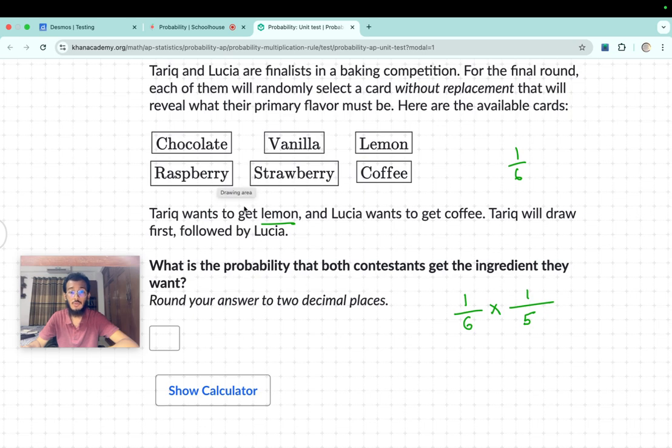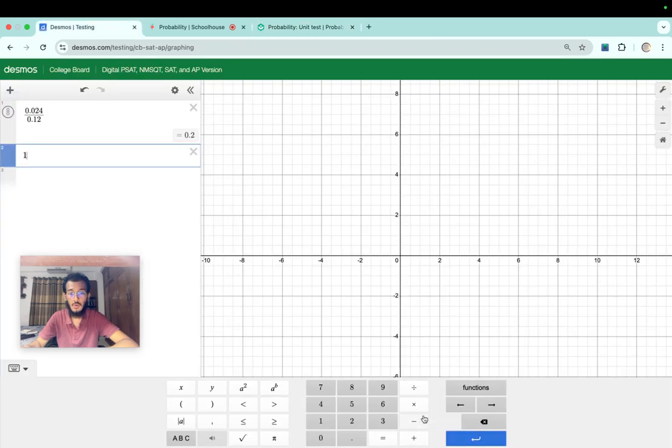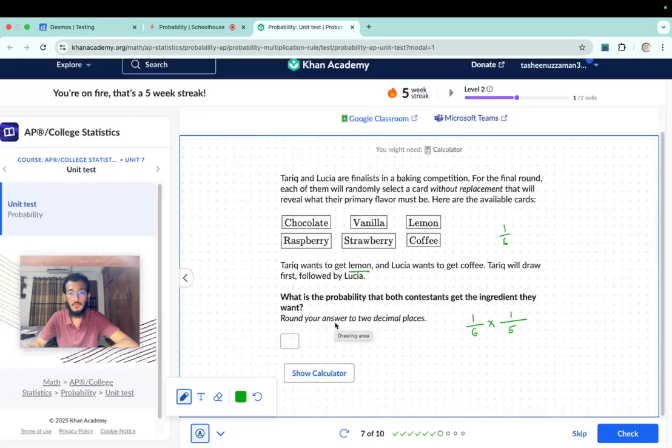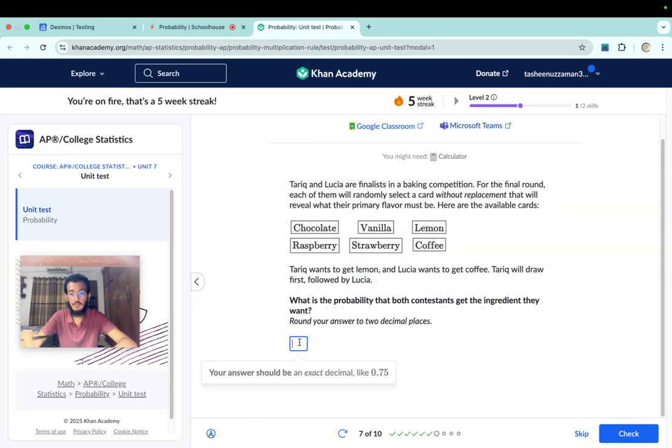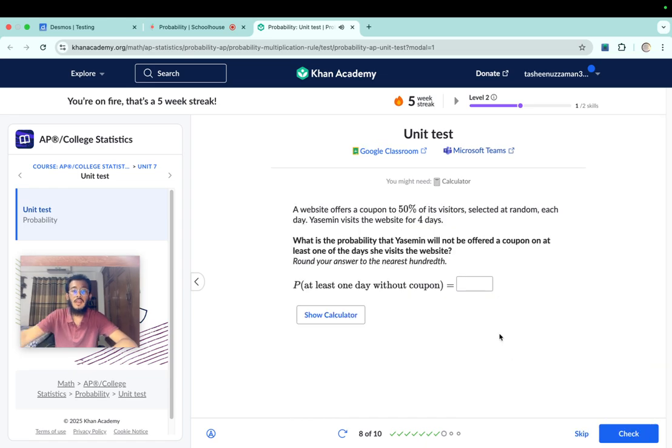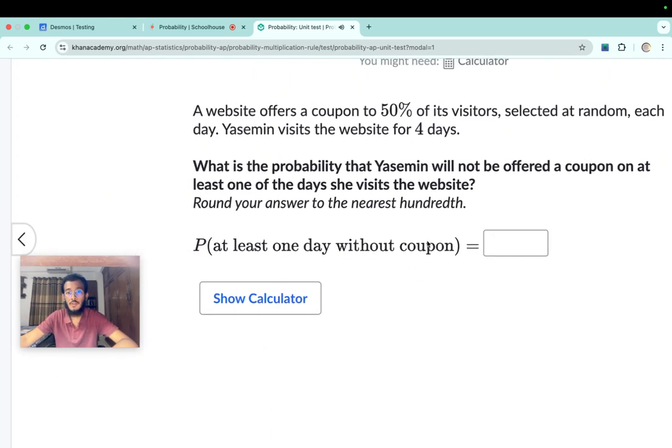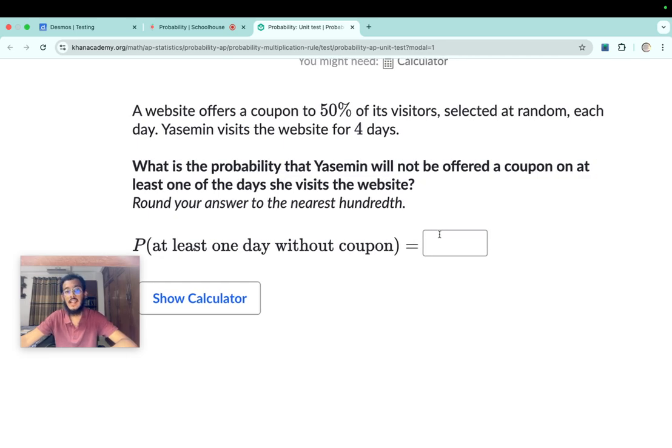Oh, we need to round to 2 decimal places, so 0.03. 2 decimal places, right? 0.03. Yeah. All right, a website offers a coupon to 50% of its visitors selected at random.